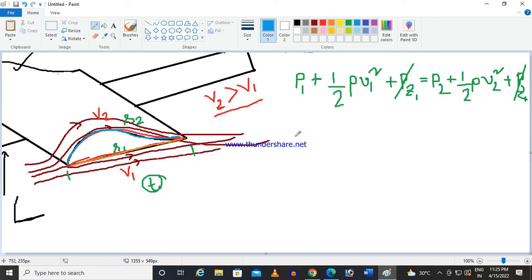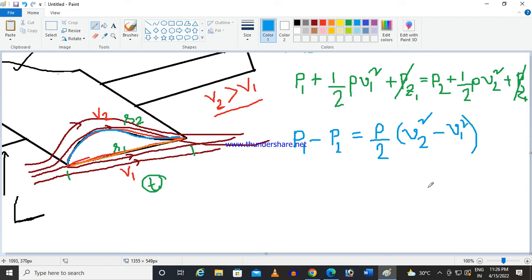So P1 minus P2 is equal to rho by 2 into V2 square minus V1 square.